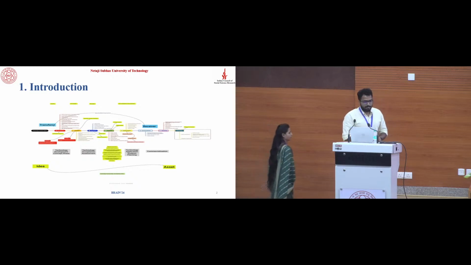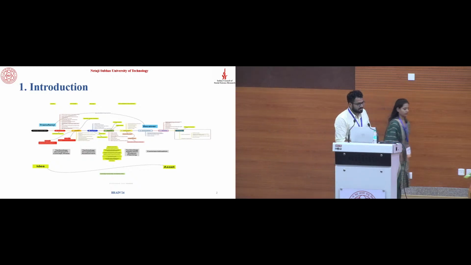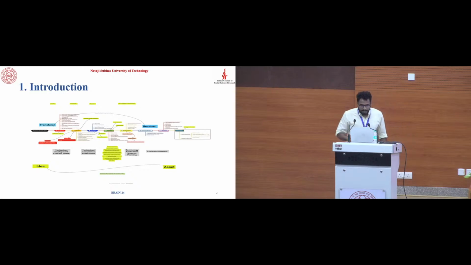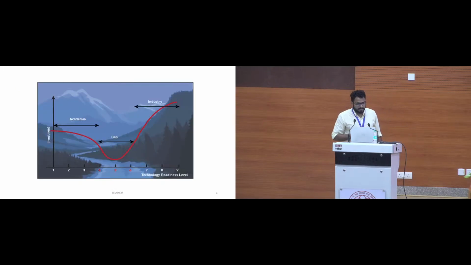This is a 7-step model which focuses on the transfer of technology from industry to academia, starting from the concept of idea up to the asset management, basically covering the commercialization aspect of it. If we briefly discuss the collaboration of academia and industry, on one hand we have the academia setup and on the other the industry setup, and all endeavor is to bridge this gap between academia and industry, which the current research is focusing on.